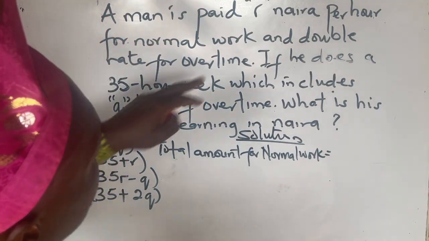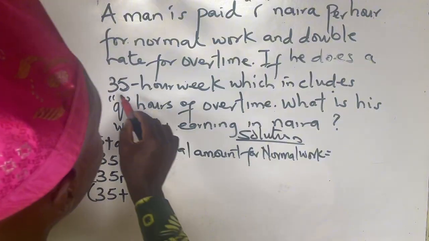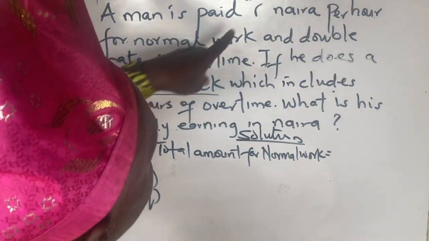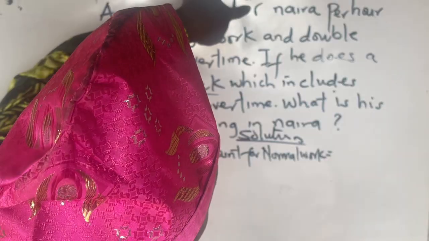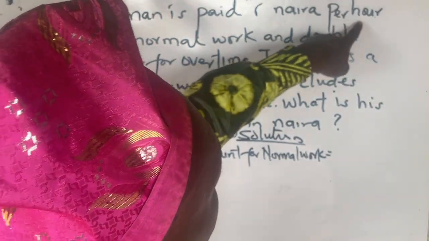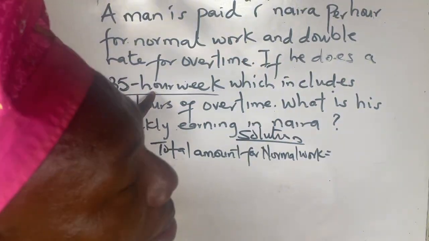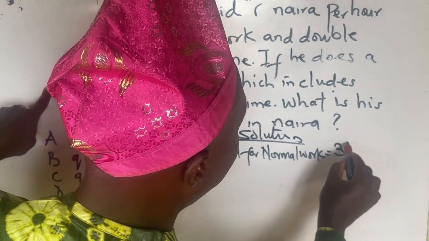We are given 100 naira per hour, which I will call R. If he does a 35-hour week, R is naira per hour, and per means over. So if I'm multiplying R by 35, hour will cancel hour, because per means division. So I have 35R naira.